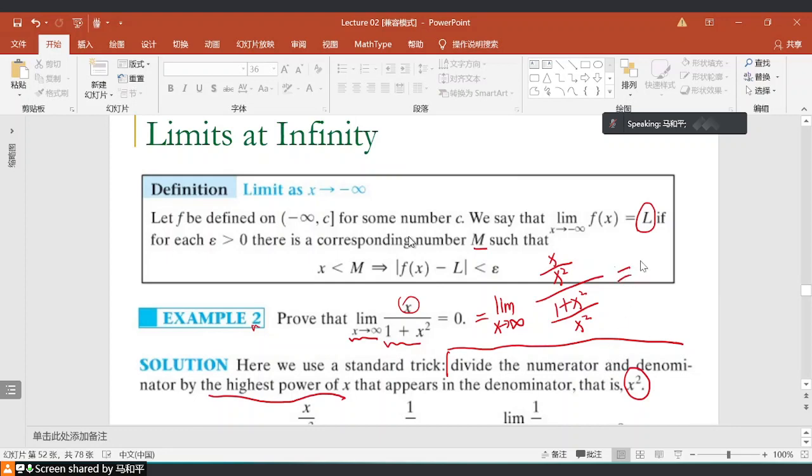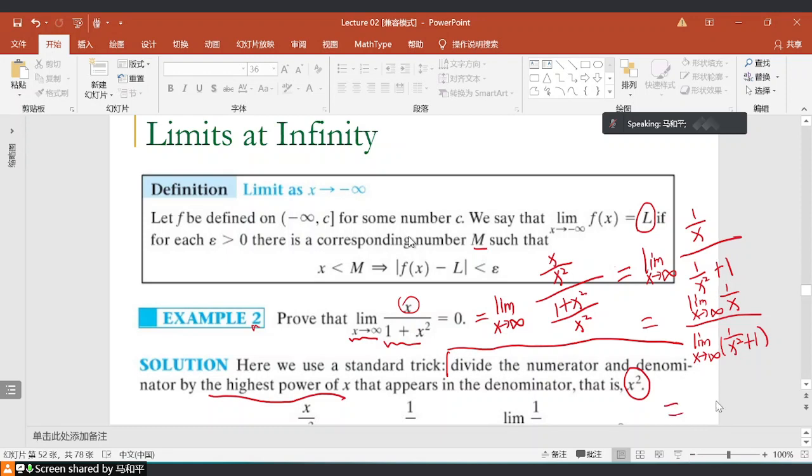Then the limit as x approaches infinity of x over x squared is 1 over x, and 1 plus x squared over x squared is 1 over x squared plus 1, right? So we can write this limit as the limit as x approaches infinity of (1 over x) over (1 over x squared plus 1).